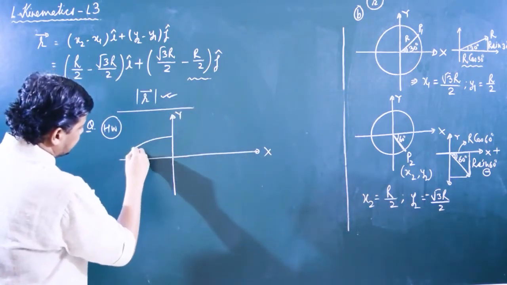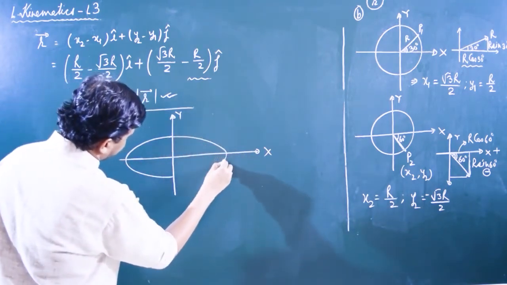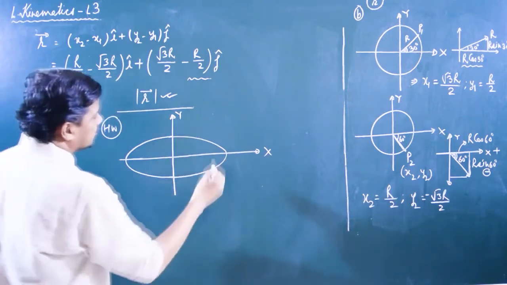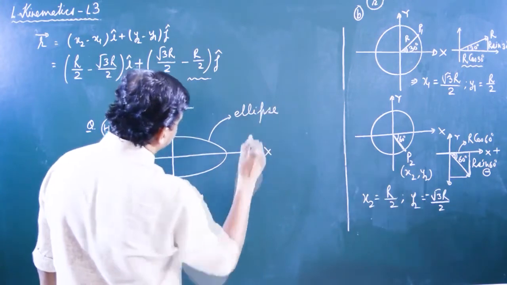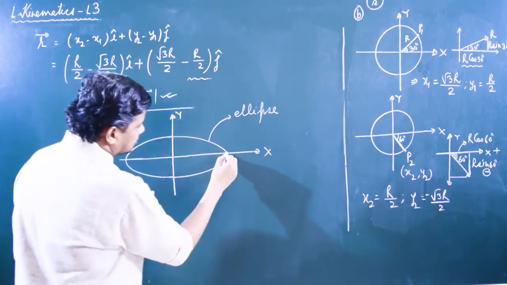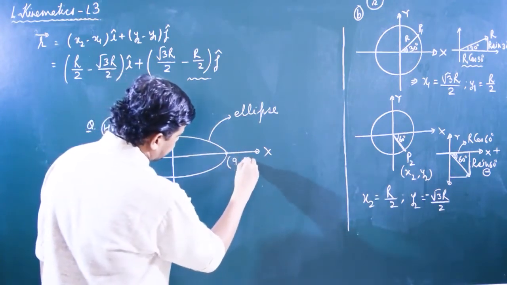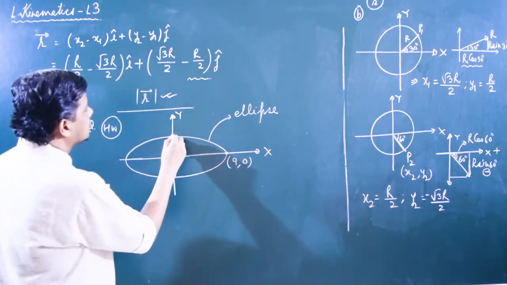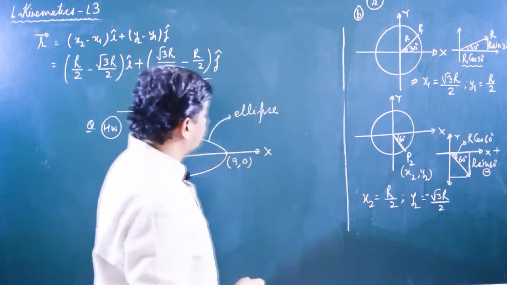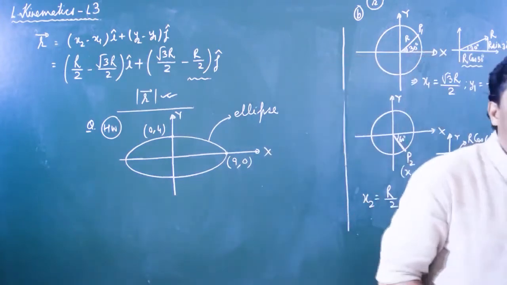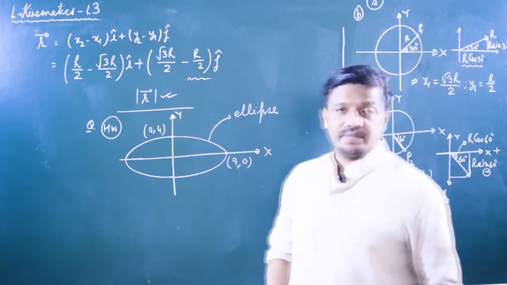See, this one is the ellipse. Okay, this value is given 90 and this coordinate we have given 04. Sorry, you must revise the graphical concepts that I have discussed in the mathematical physics part.